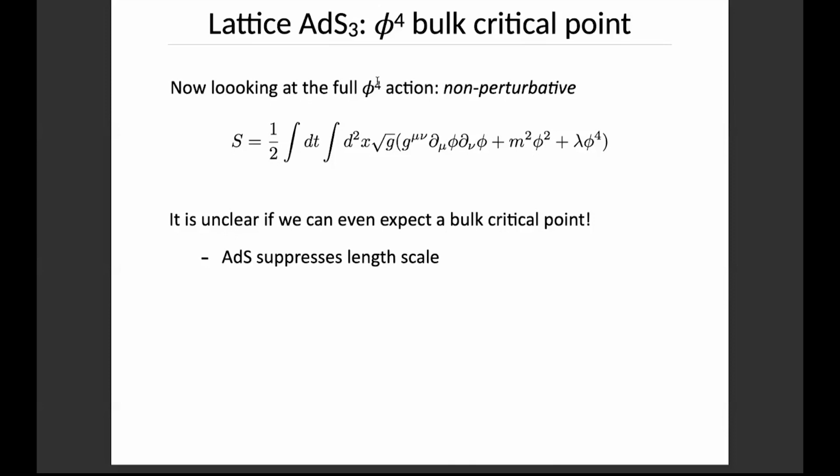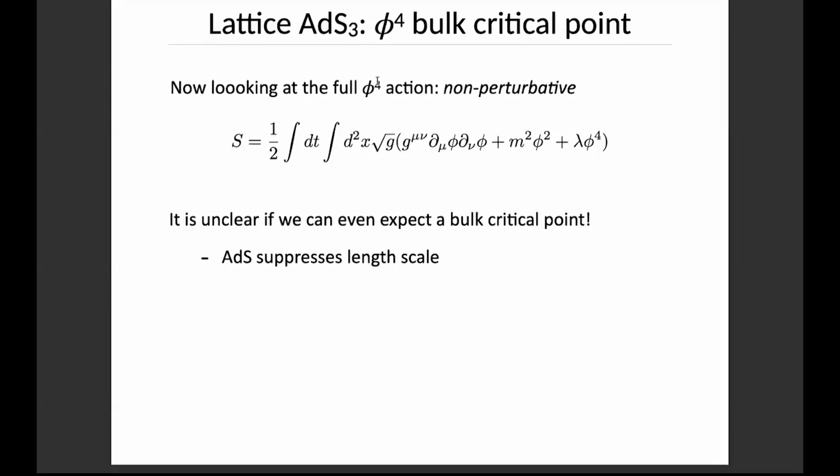It turns out, I did not explicitly say this, but the length of these equilateral triangles is around the AdS radius. So it's kind of puzzling. Even from one point to its nearest neighbor, if you do the calculation, you would expect that the interactions are actually very weak.